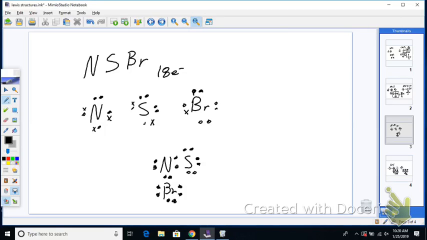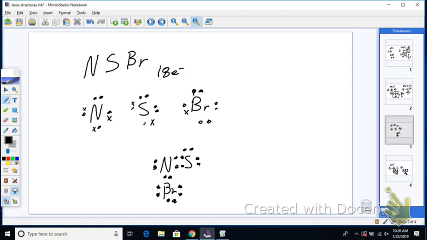So what we're going to do, when we recognize we don't have 8 off the center, we're going to erase a pair, and we're going to place that pair here. Now, sulfur looks like the same thing now, before and afterwards. Okay, nitrogen was okay, bromine's okay.